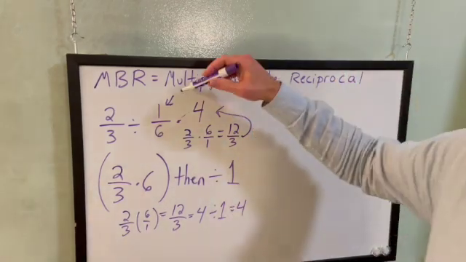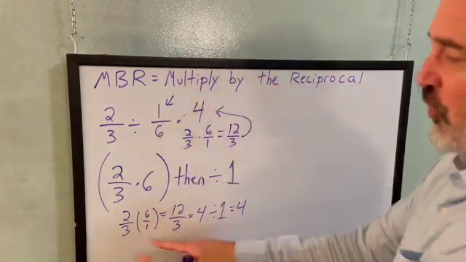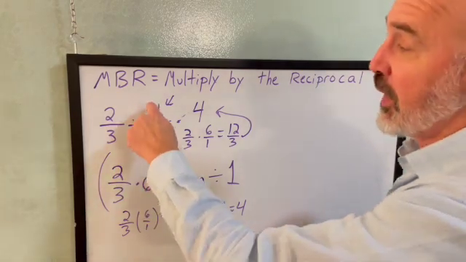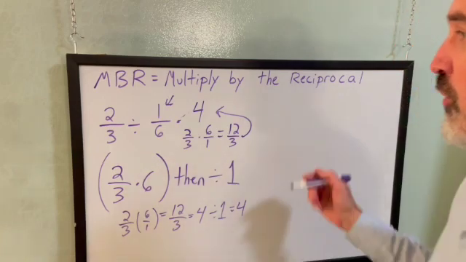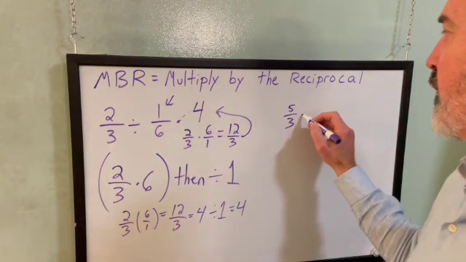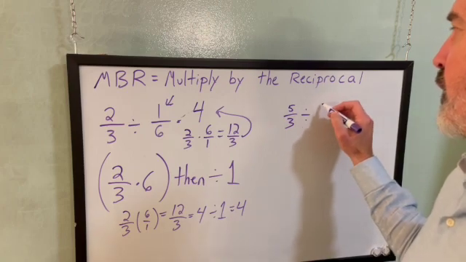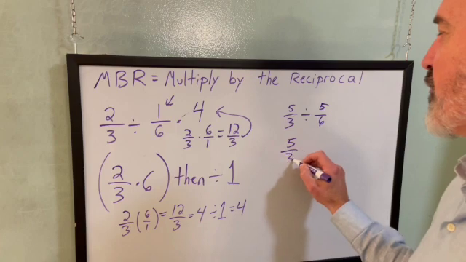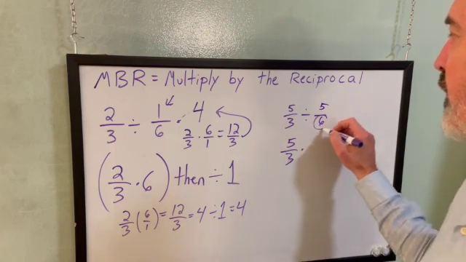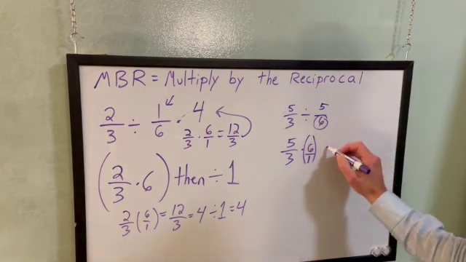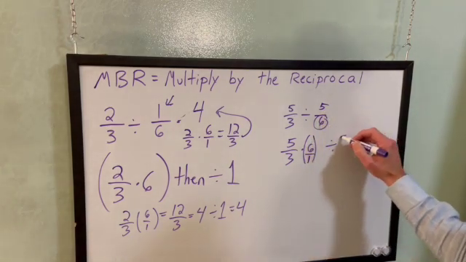So when you multiply by the reciprocal, that's just doing the shortcut of multiplying by the denominator and then dividing by the numerator. So over here, if I had 5/3 divided by 5/6, that's the same thing as doing 5/3 times 6/1, and then dividing by the numerator of 5.